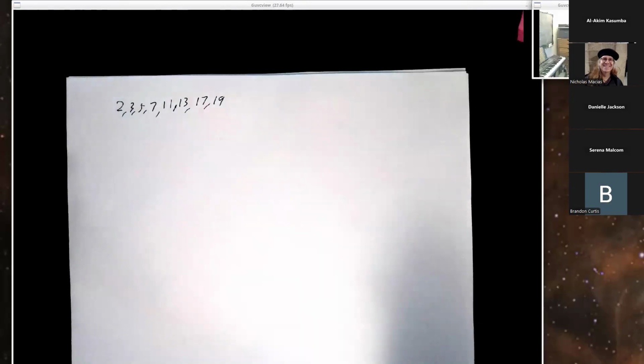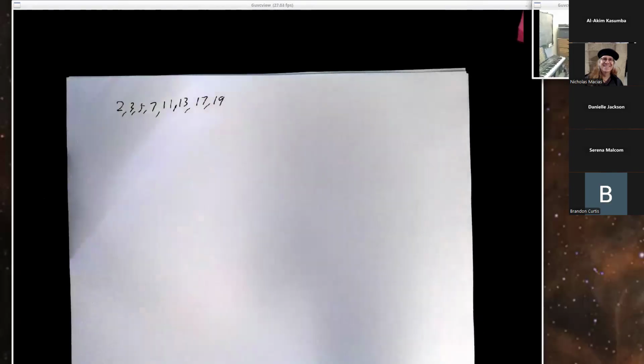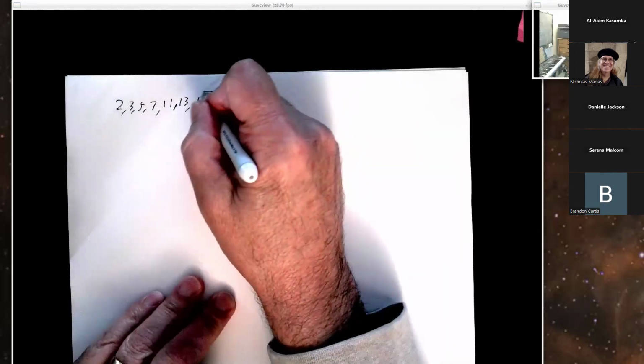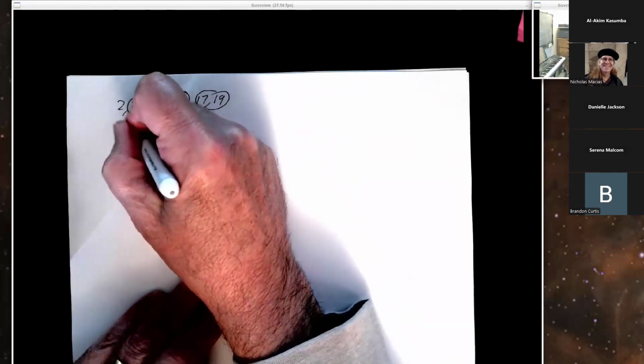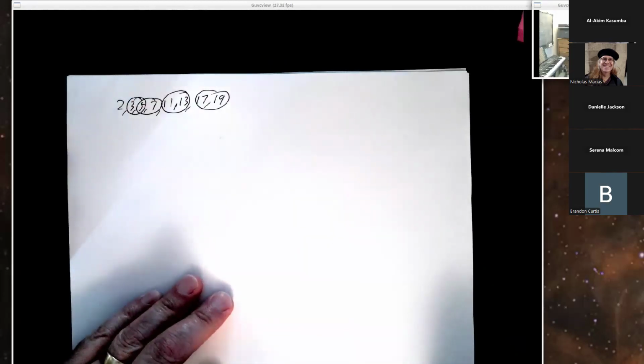We know 18 can't be prime because it's even. When you get further out, these numbers start to get farther apart, but we still find these so-called twin primes, consecutive odd numbers that are prime.